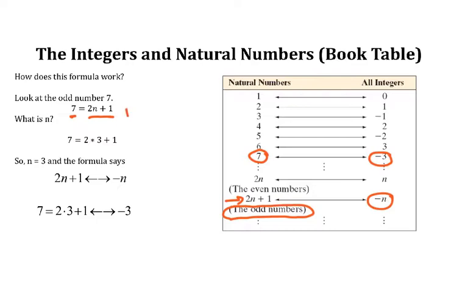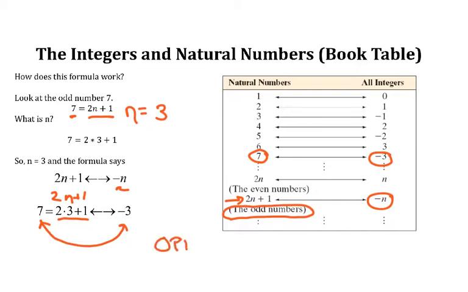So what is n in this case? Again, n equals 3. And so I already know that 7 should correspond to negative 3. But here you can see I've written 7 as 2n plus 1, and then I have to send it to negative n. So that's how that formula works.